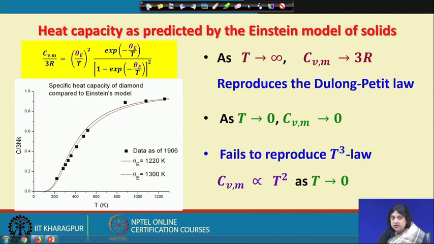So, in the next lecture, we are going to examine the shortcomings associated with the assumptions present in the Einstein model, and then review the corrections and the improvements suggested by Debye in his subsequent study of the specific heat of solids. Thank you.